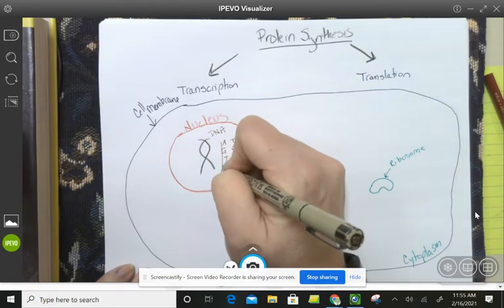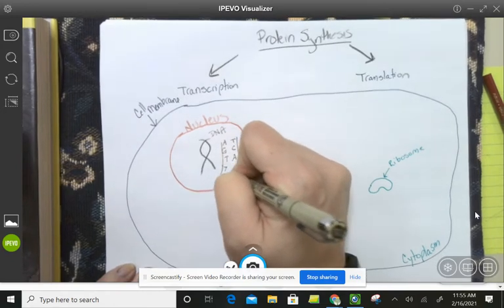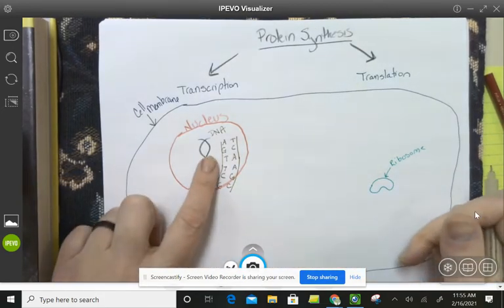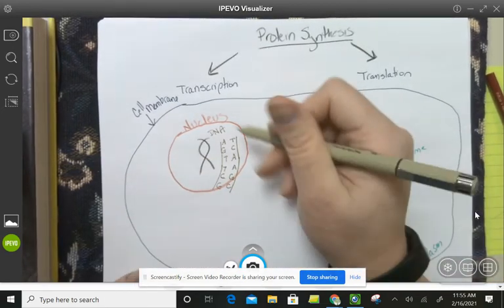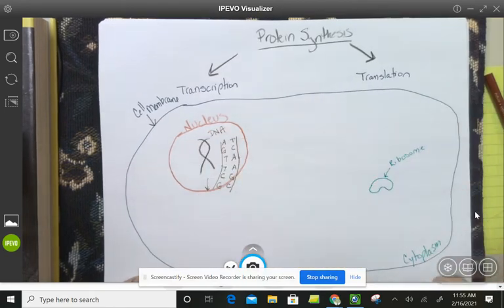All right, T, A, C, G, G, C. Okay, so that's our DNA. We know that it cannot fit outside of the nucleus. It can't fit. So what has to happen?